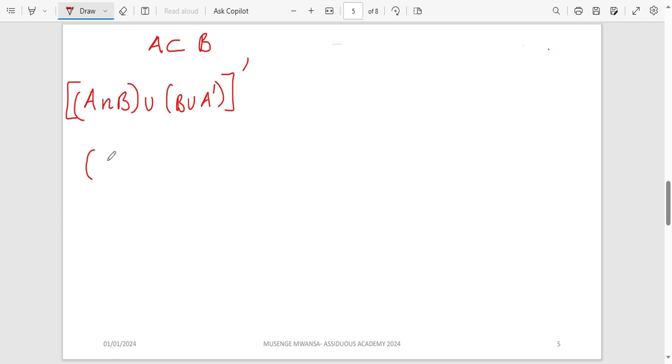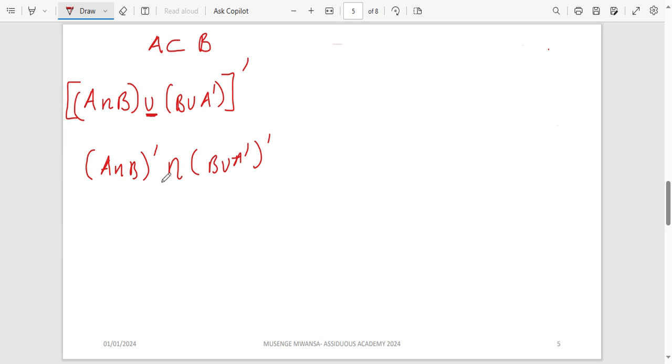So we are going to have A intersection B with a complement, and then B union A complement with another complement. What will happen to the sign? It becomes an intersection.